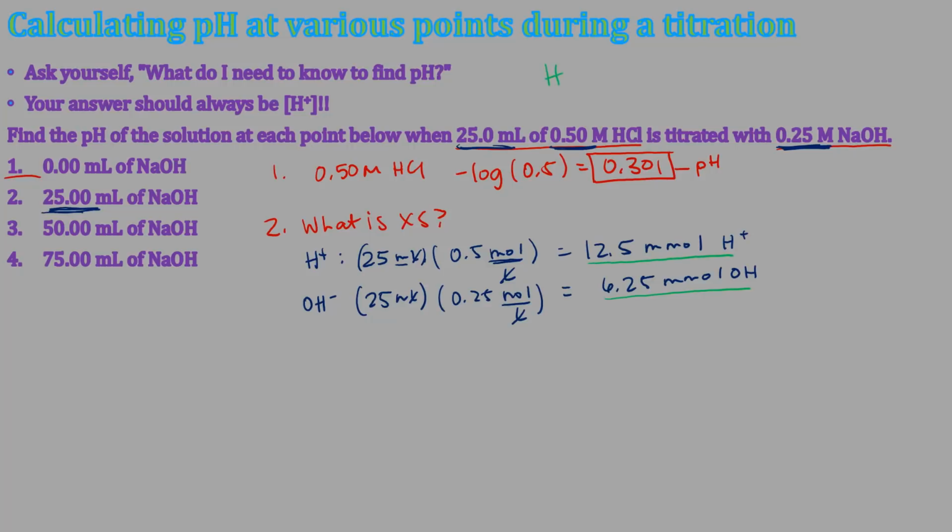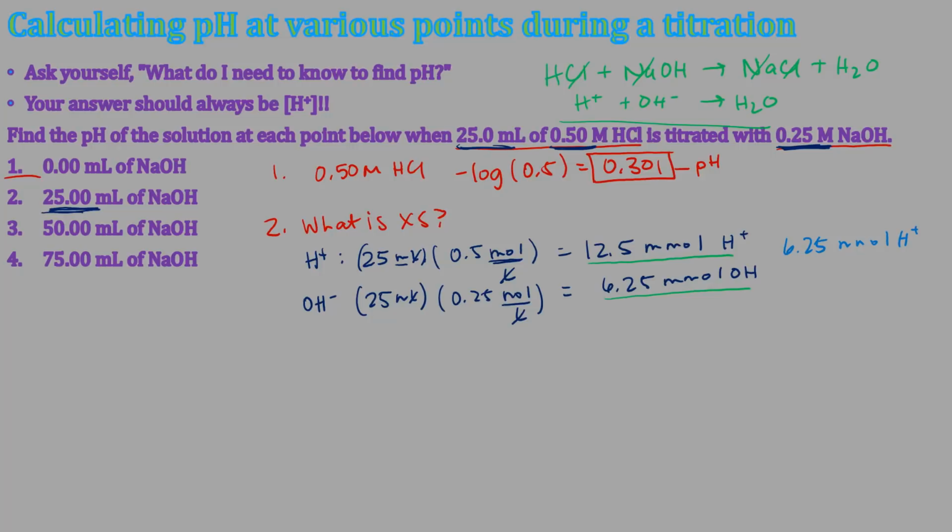Because the mole-to-mole ratio is 1:1. This is the reaction that I wrote down on the previous slide. So we end up with H plus OH goes to H2O, right? The sodium and the chloride cancel out, and what I have left over is 6.25 millimoles of H plus in excess.